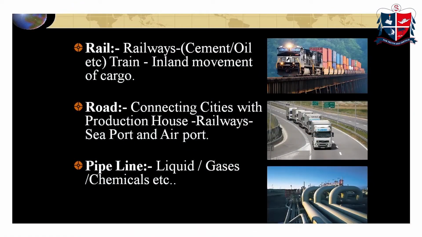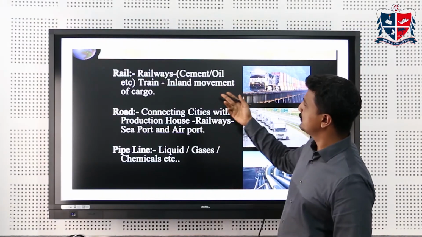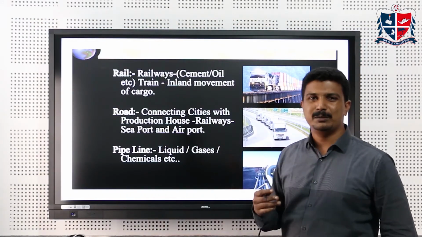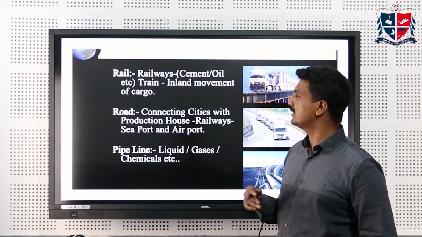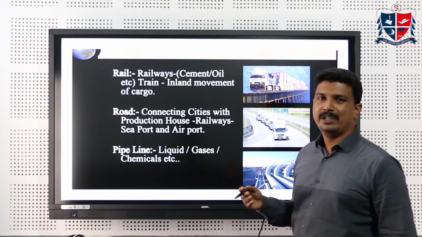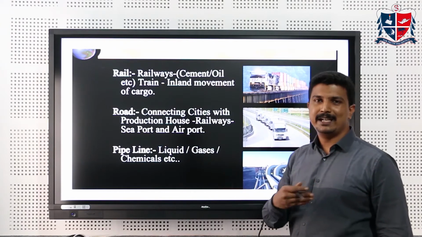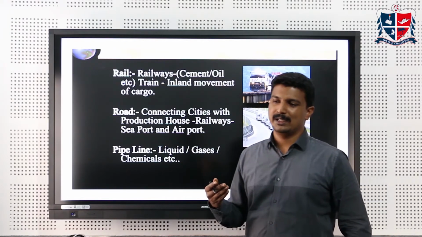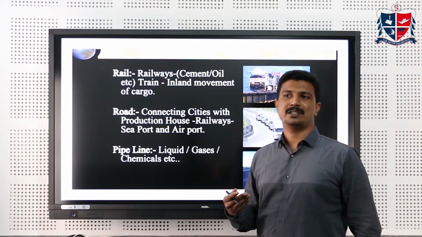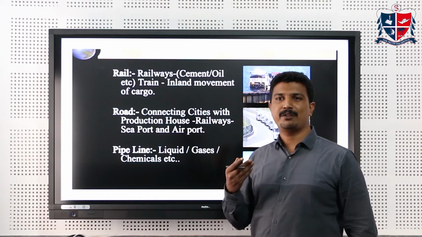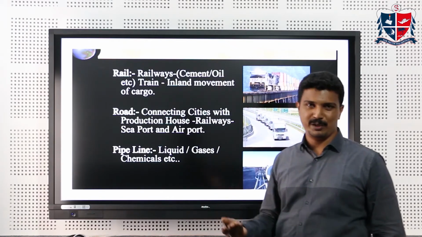Next is rail. Railway is another mode of transportation. Here, most of the cargo shipped by rail is cement, oil, etc. using trains. In India, we have good railway network connectivity. So inside India, there are many places where ships can't go, or we don't have sufficient infrastructure like airports or seaports.